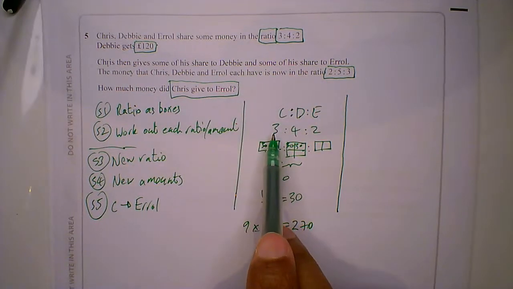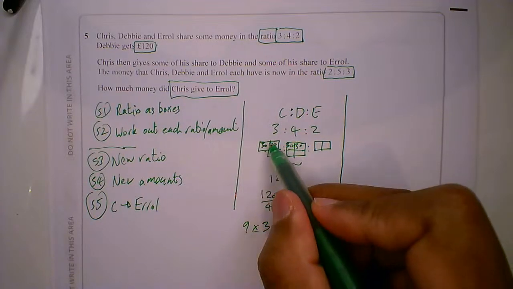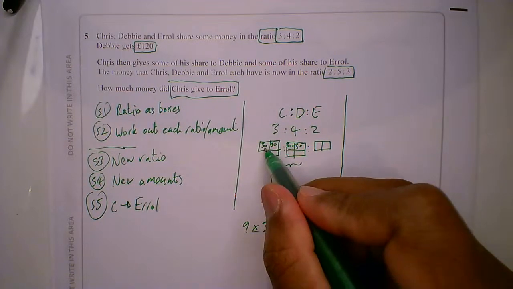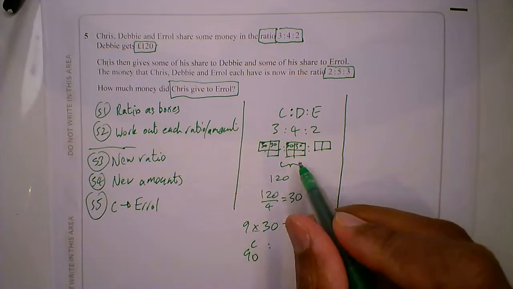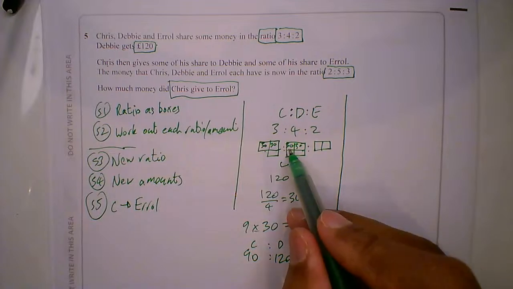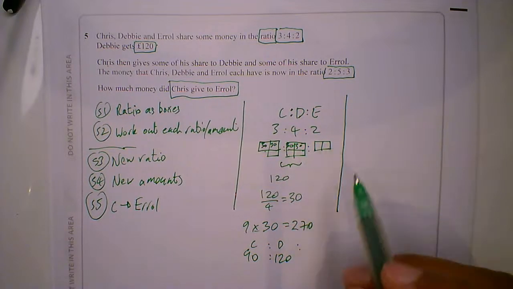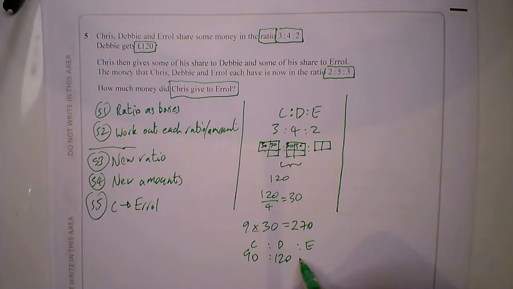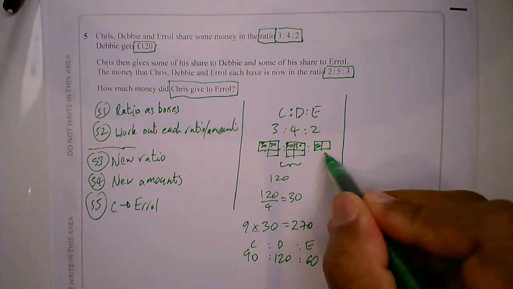So Chris's amount goes down. So let's look at how much each person gets here, by the way. So this is Chris's, 3 times 30 is 90. Debbie's is 120, 4 times 30, and then E is 2 lots of 30. So that's 60.